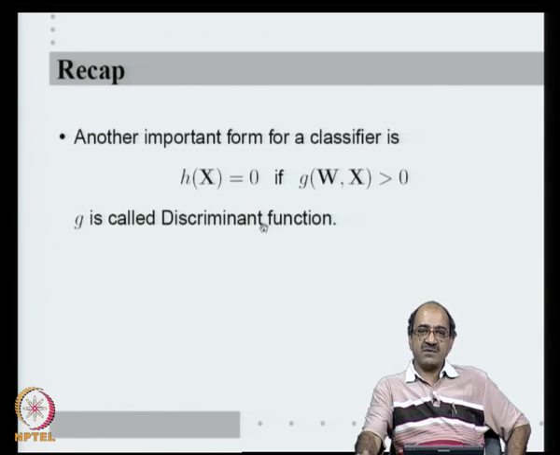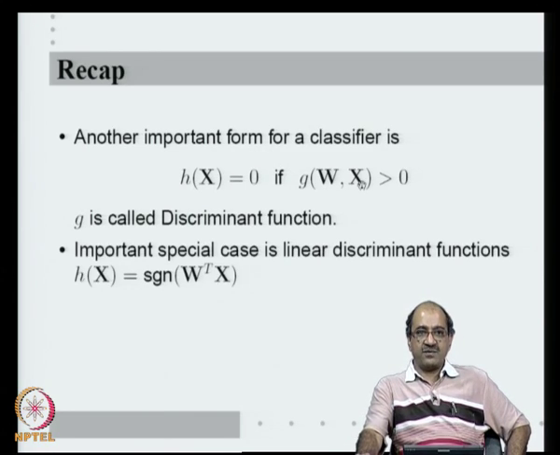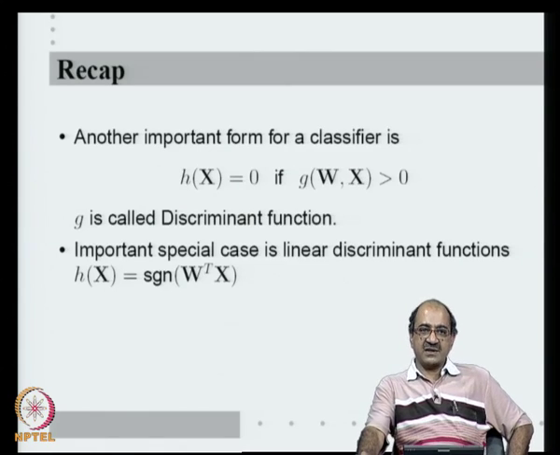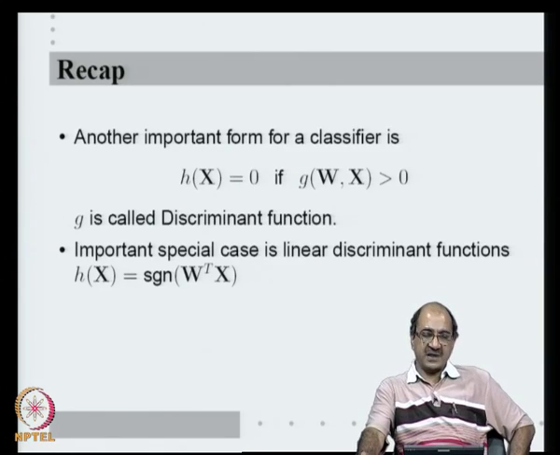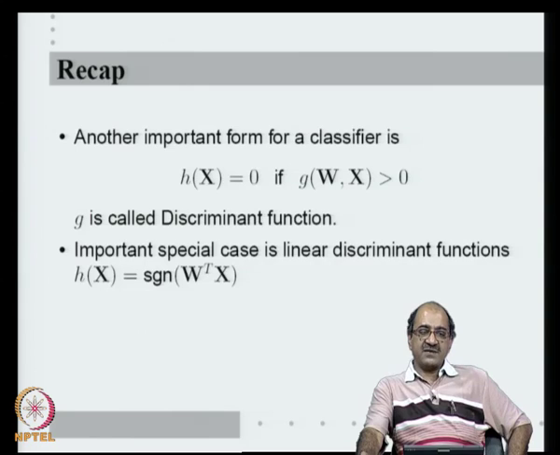Sometimes it is simply called a discriminant function, or we say the classifier is the discriminant function, though g is actually the discriminant function. So, if a classifier is based on a discriminant function, we call it a discriminant function or a discriminant function based classifier, and so on. A special case of discriminant functions is a linear discriminant function, which we also considered, where h of x is simply sign of w transpose x.